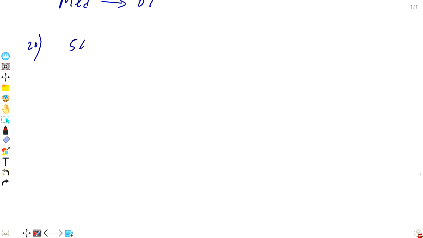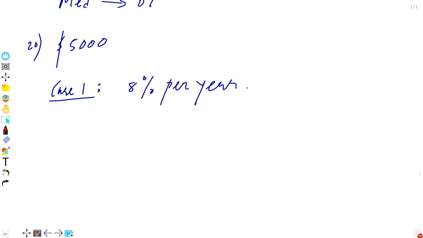So 5,000 is what they have taken, right? And then the first option, I would say case 1. How much is the percentage there? 8%. So 8% per year. So this will tell you for 1 year, if you invest $100, you get 8, right?